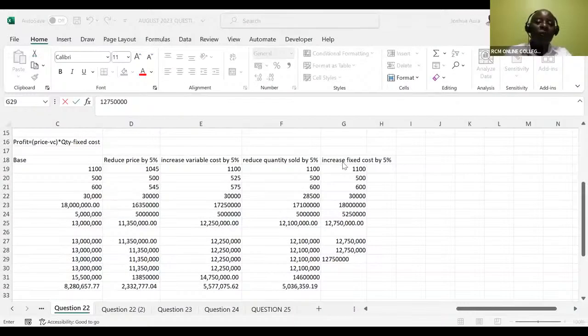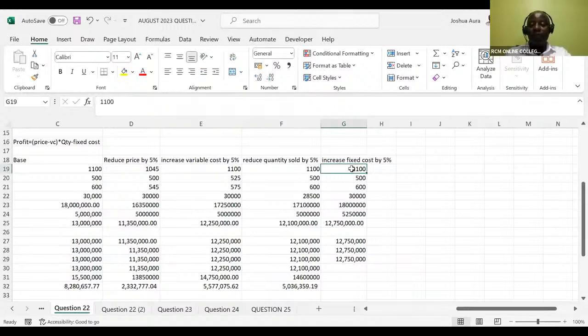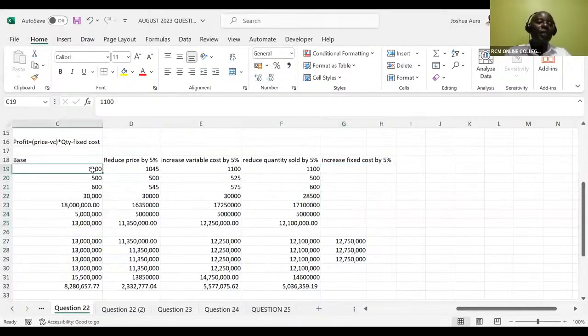Okay, so we are increasing this fixed cost by 5%. Basically what I've done here, I first took the base figures, Control C, then pasted them here.